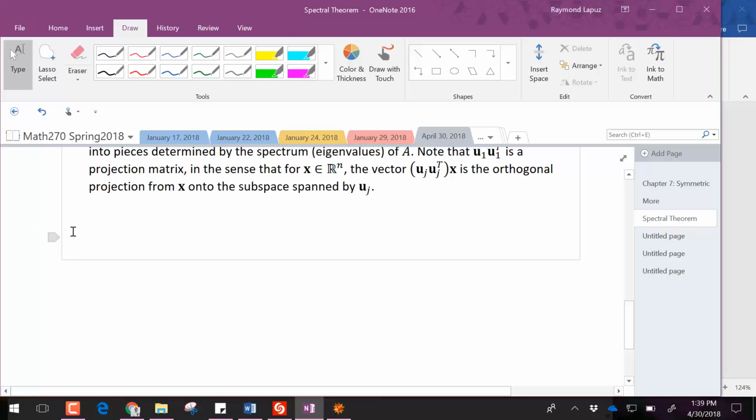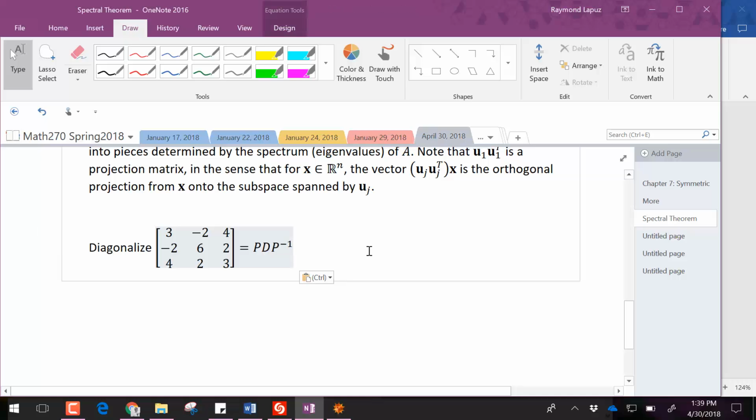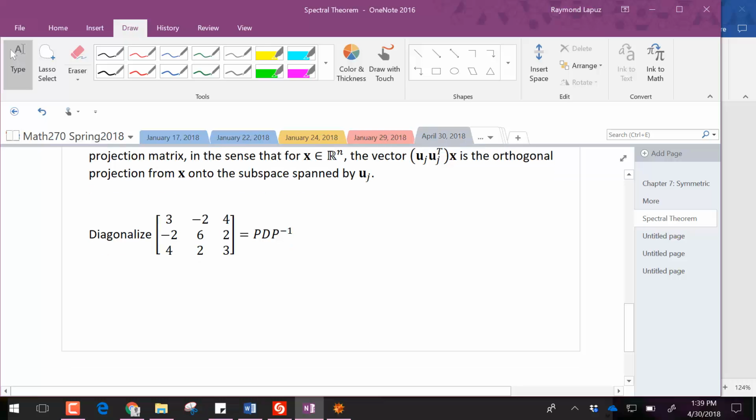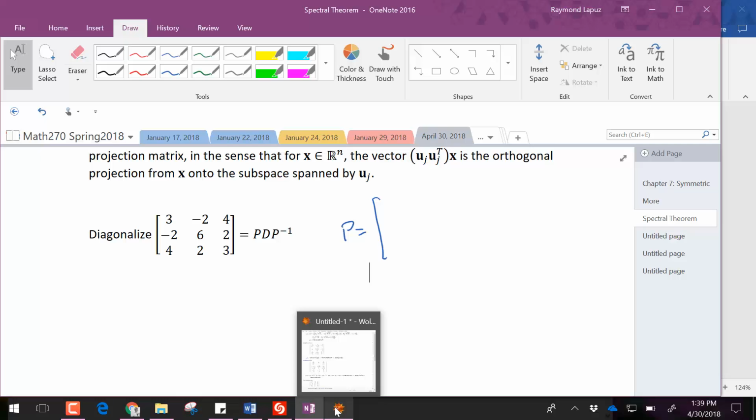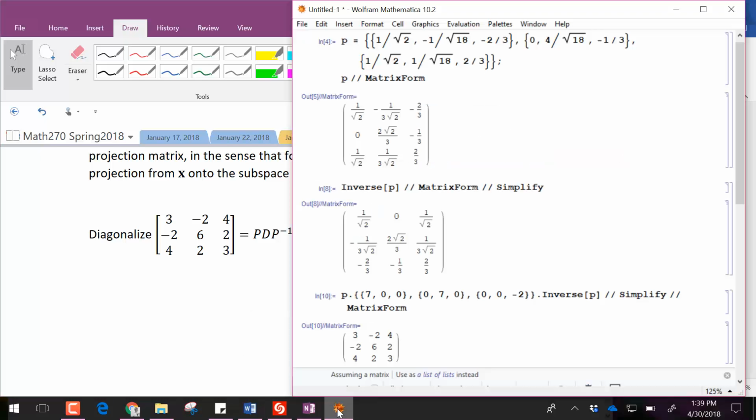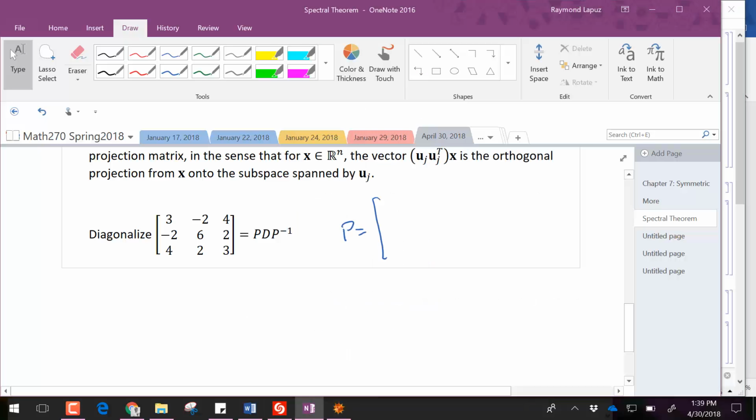Is there room here? So we found a new P, right? The new P that we got is orthonormal. Was it minus a half, or is it positive or negative? It's positive.